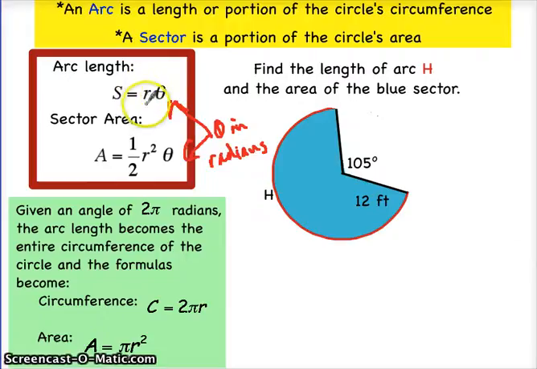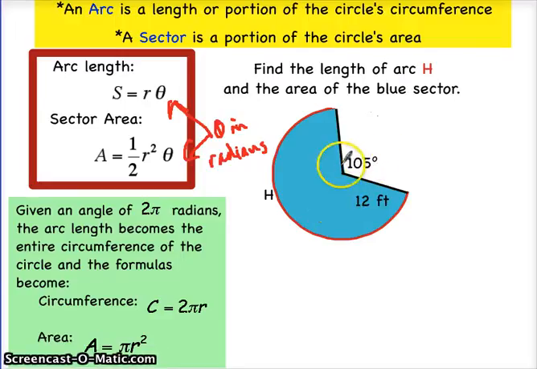R times theta, well, r times 2 pi becomes your circumference formula for an entire circle. And the same thing happens with area: 1/2 times 2 pi is essentially just pi, and pi r squared is the area for the entire circle. What we're going to talk about are only portions of circles, so just sectors and arc length, not necessarily going one entire circle, or possibly going multiple circles.